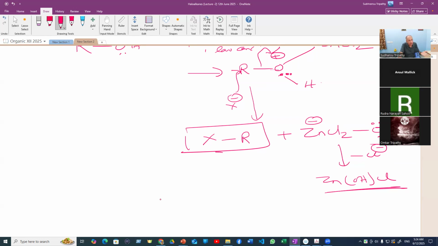Rearrangement occurs in 1 degree and 2 degree having some branch in the adjacent position. So that will be restricted because of this. It won't completely break down before the nucleophile attacks. Got it? Rudra, got it? Yes, sir.